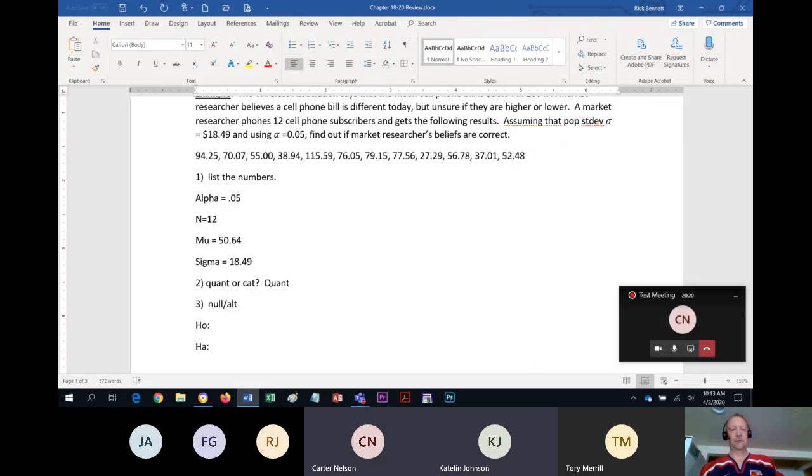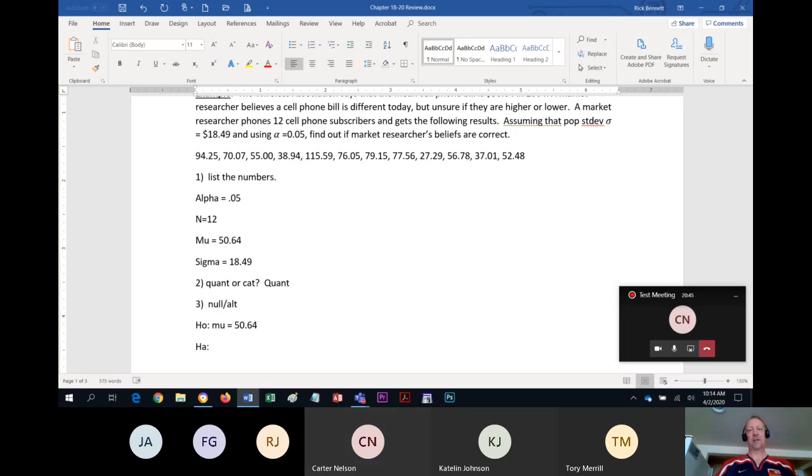So then is the null mu equals 50.64? Mu equals 50.64.